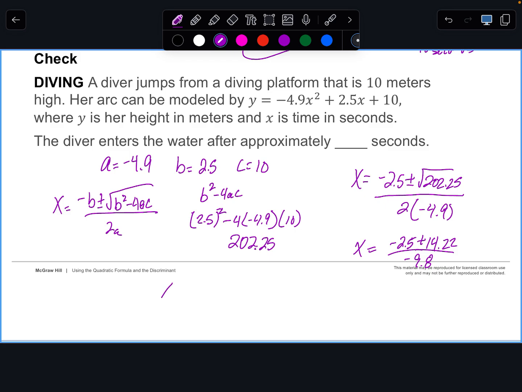So x is equal to negative 2.5 plus 14.22 divided by negative 9.8, and x equals negative 2.5 minus 14.22 divided by negative 9.8.